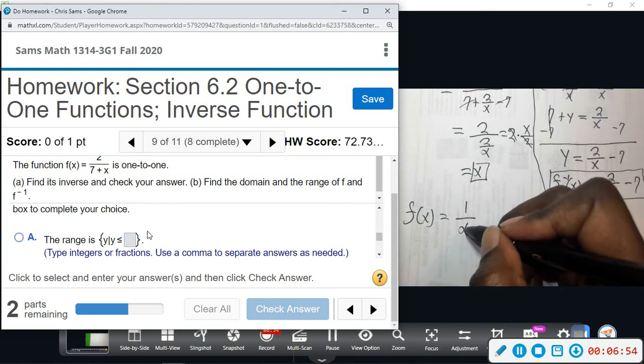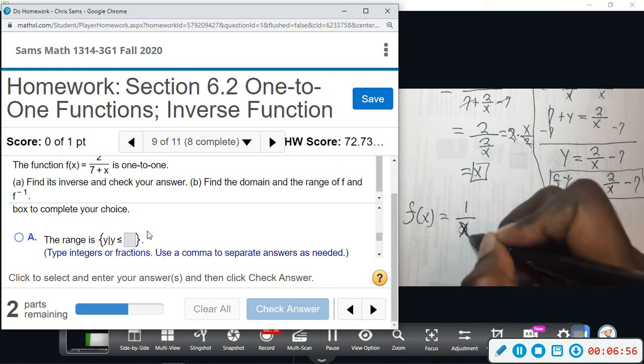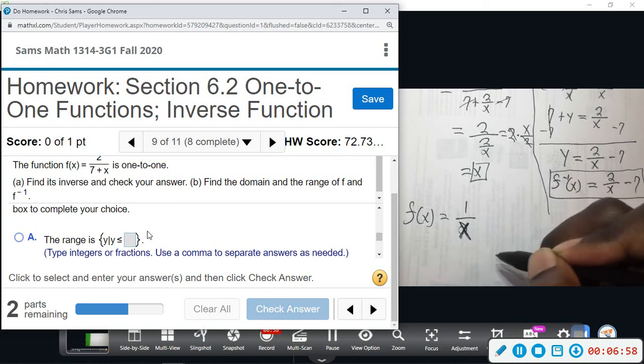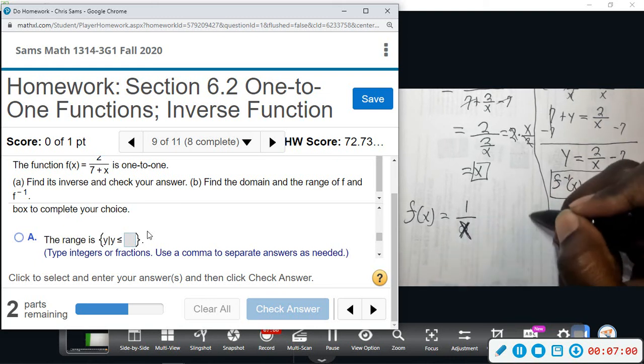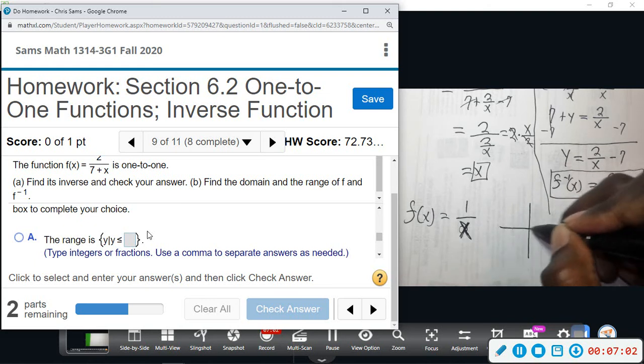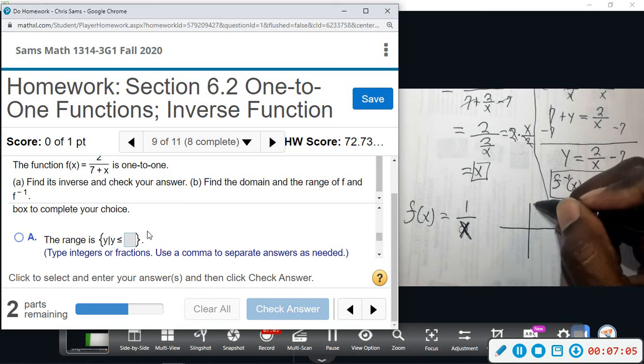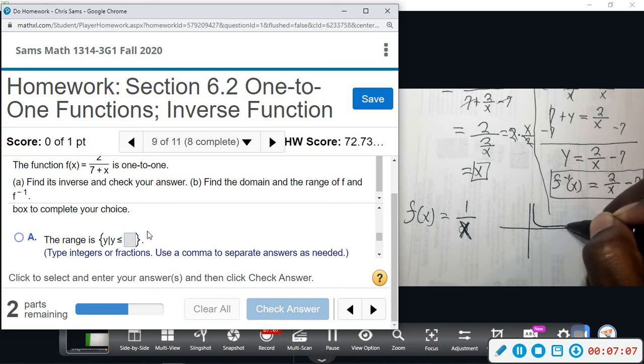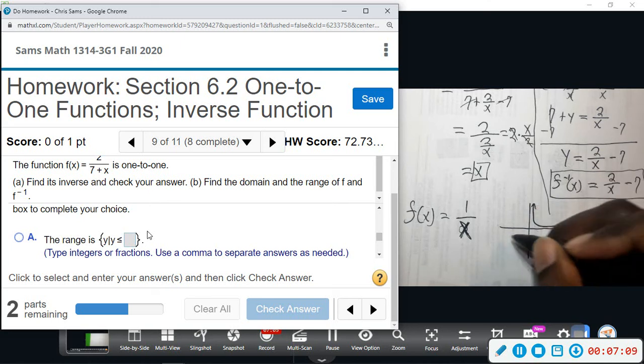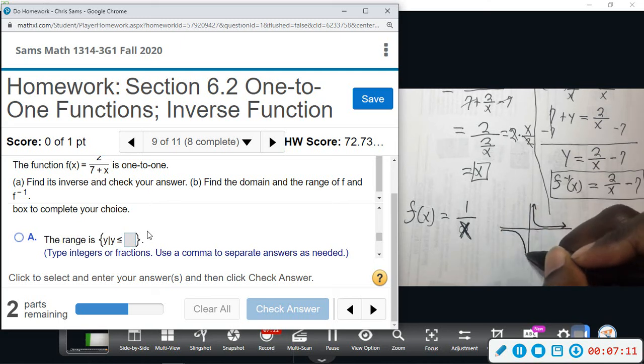This graph has a horizontal asymptote at 0. So the graph does something like this. It comes from this area. That's just a general form of the parent function, and does this.